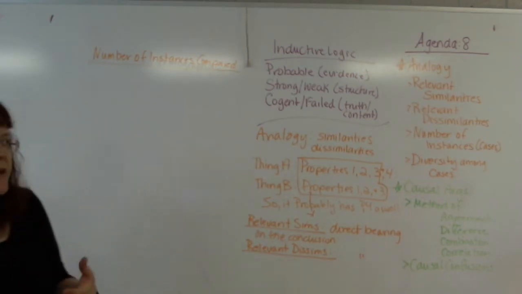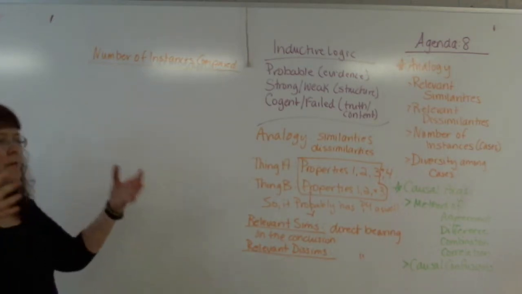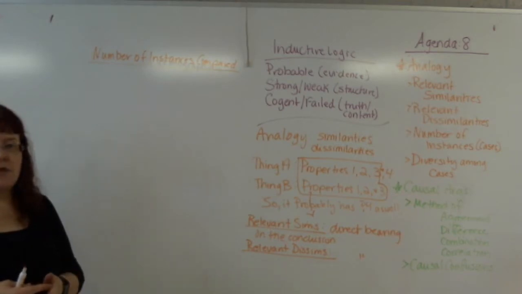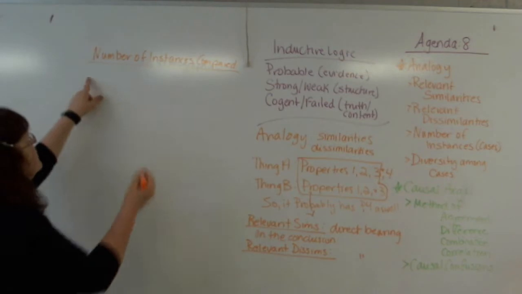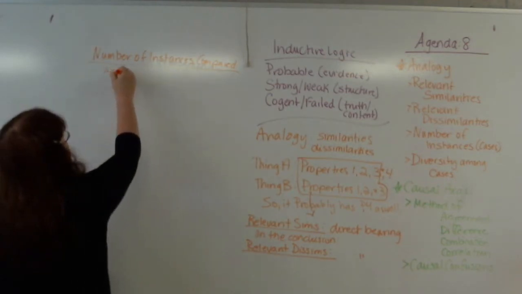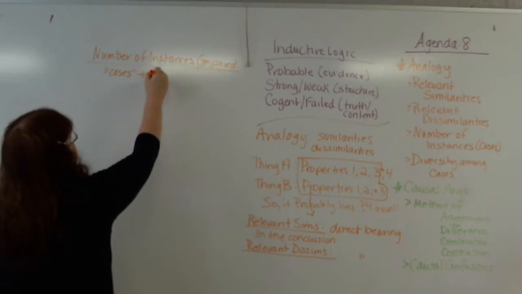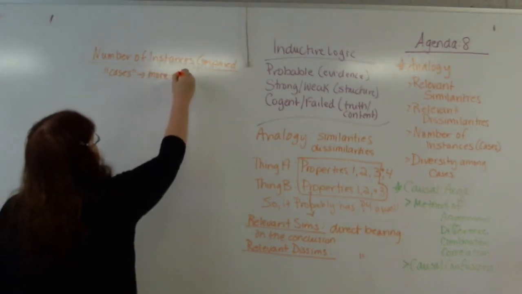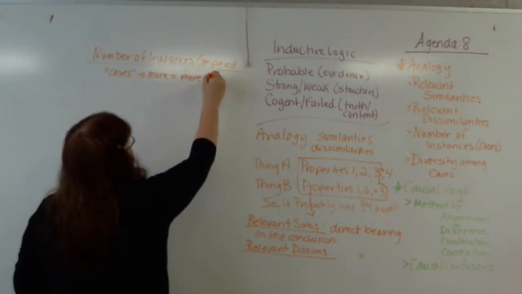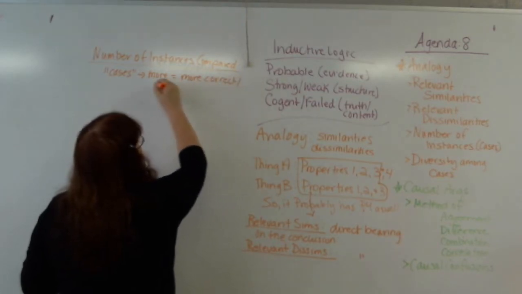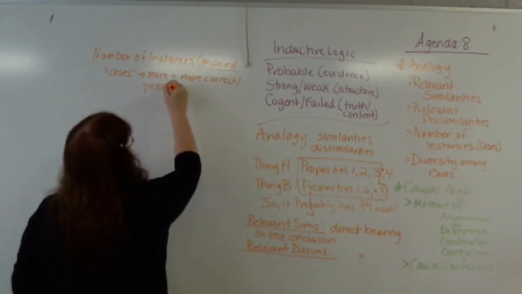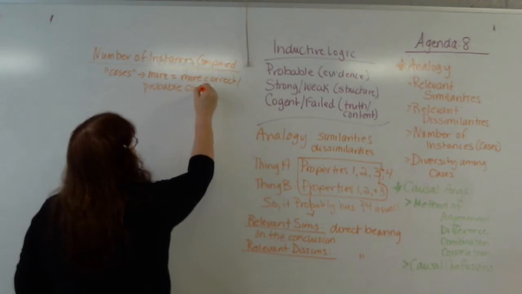The more of these we have, the more likely we'll be able to make a true conclusion. These count as cases, so the more we have, the more correct or probable our conclusion really is.